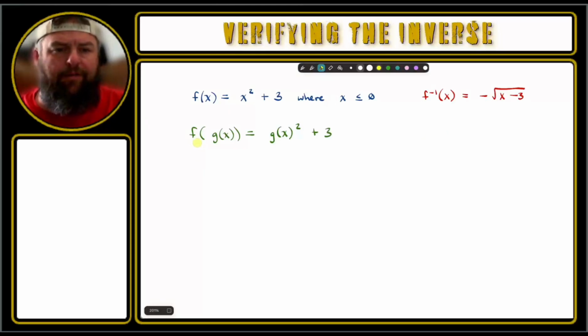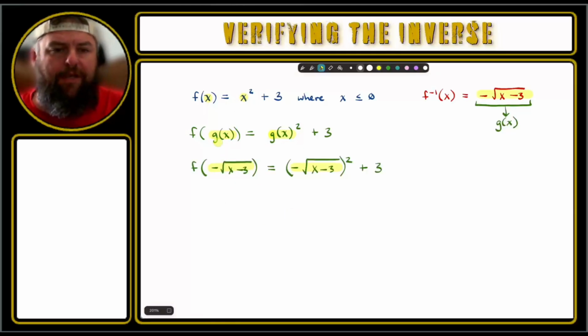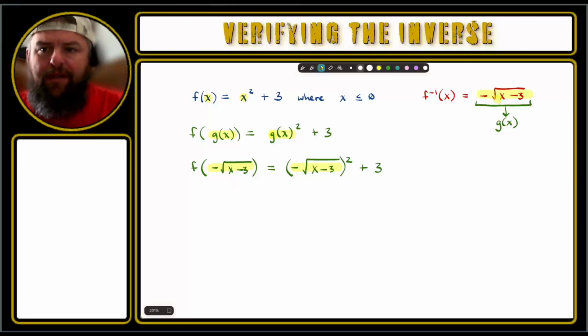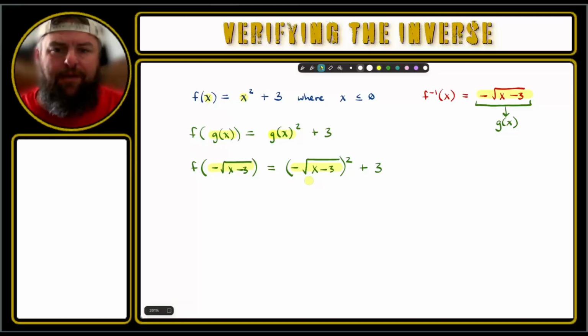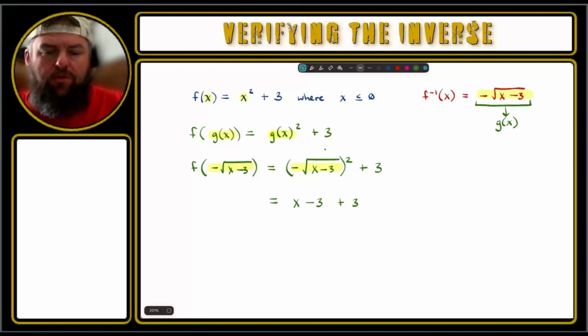We will write f of g of x equals g of x squared plus 3. All we did was take the input of x, which was being squared, and replace it with g of x. We will replace g of x with negative square root of x minus 3. Squaring negative square root of x minus 3 undoes the negative, and it undoes the square root, leaving us with x minus 3 plus 3.